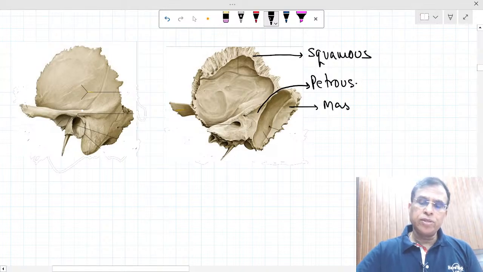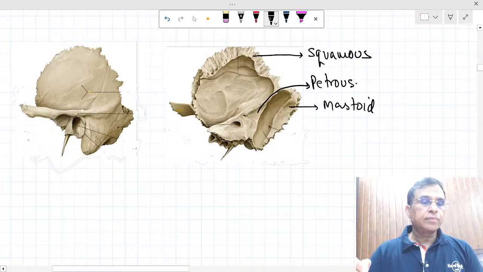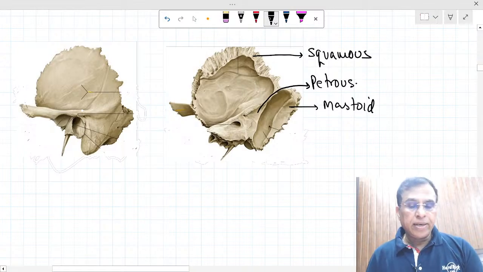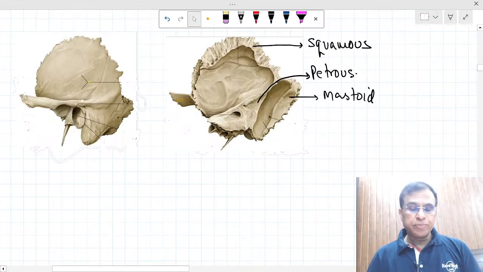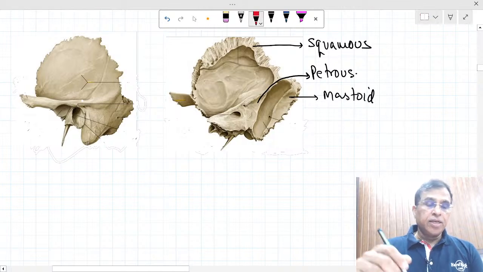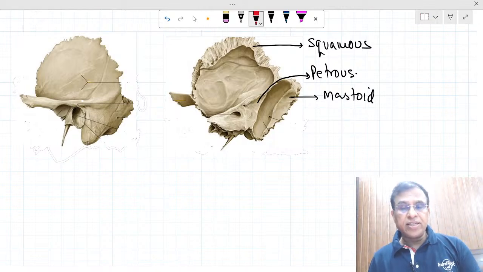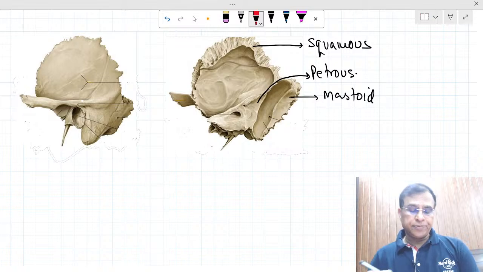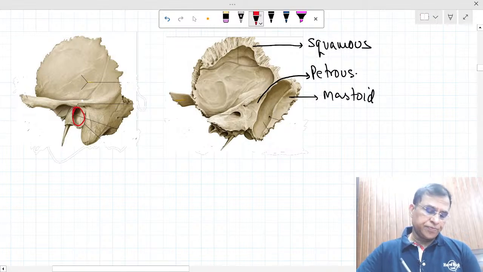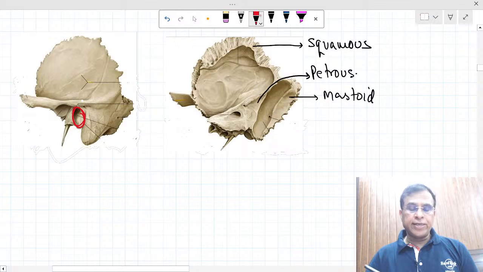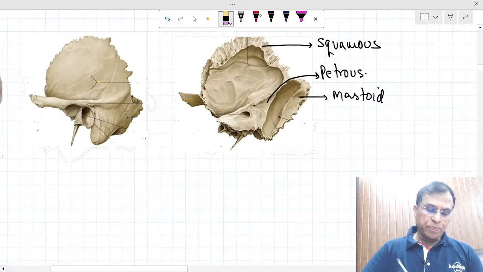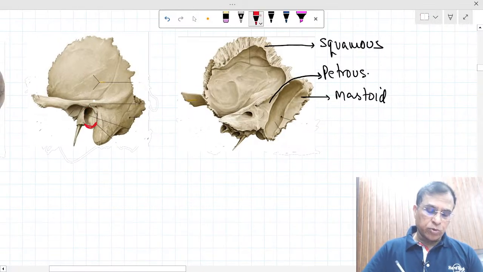Can you name the fourth one? Siddhartha has already mentioned the fourth one. Look at the first diagram. In the first diagram, you can easily identify the bony external auditory canal. And the lower part of this canal is a separate bone.